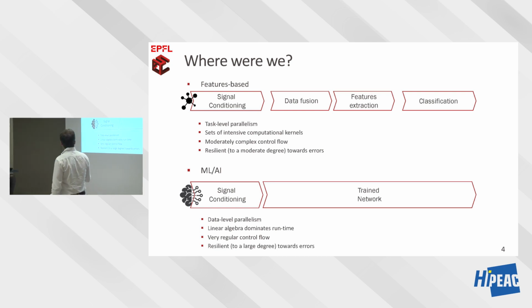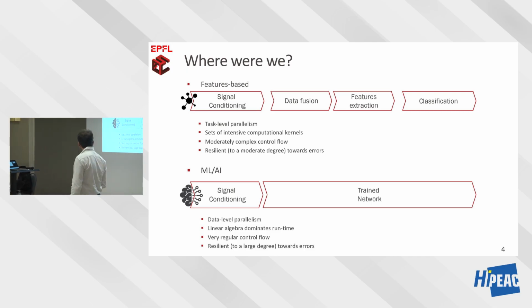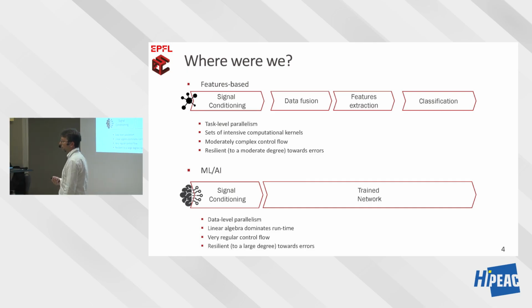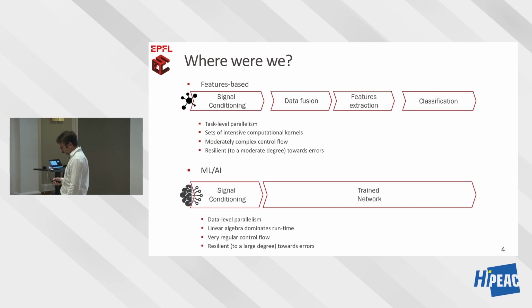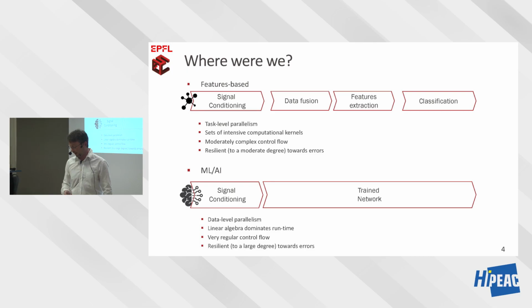These were the two flows: feature-based, in which we condition the signal, do some data fusion, feature extraction, and then classification; and a machine learning or artificial intelligence type of flow, in which we have signal conditioning and then we just throw the conditioned data into a network. Not unsurprisingly, these two types of flow have different computational characteristics which we can leverage in order to make a domain-specific architecture.